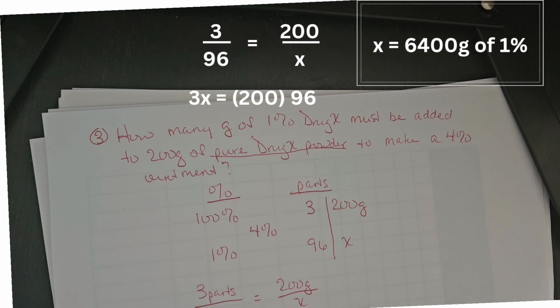So hopefully you have learned something about alligations. I'm going to do more of these problems in the coming weeks. I'm not going to say that my next video is going to be an alligation problem, but we will revisit this again.